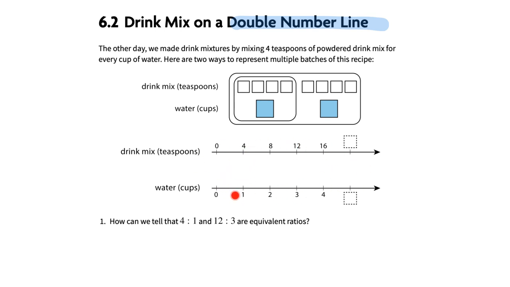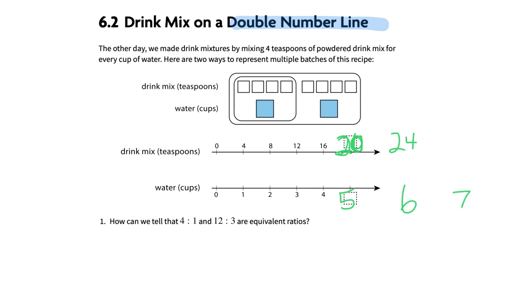So we can see that if we continue, if we had 5 cups of water, then we would have another 4 teaspoons of drink mix, so that would go from 16 to 20. And heck, if we wanted to, we could have 6 cups of water and 24 teaspoons of drink mix.